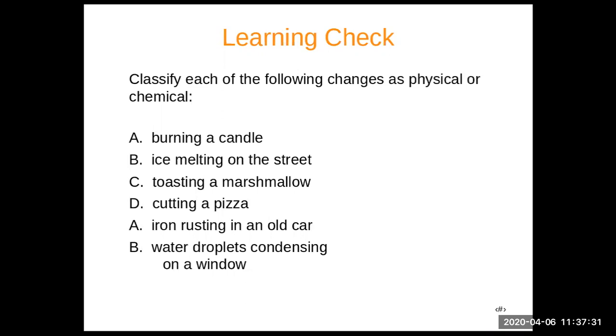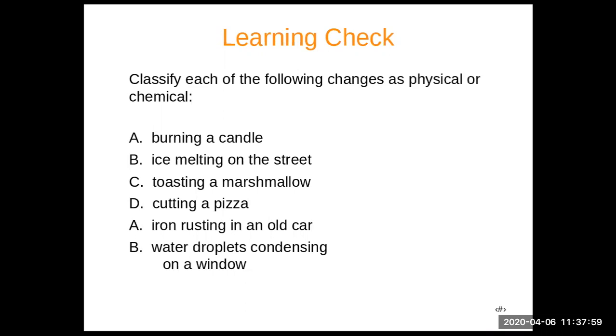Toasting a marshmallow. Marshmallows are white and fluffy, and when you place them into a flame, they become brown and eventually even black. And so it's not a marshmallow anymore, you've burned it, right? So when you're burning something, you are decomposing it.